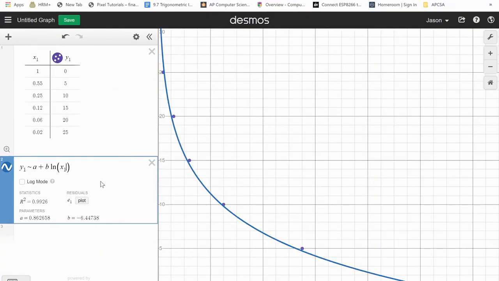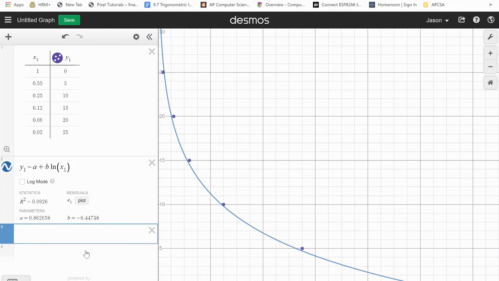So I get r squared is 0.99. Remember, that's the correlation coefficient. That means it's a very good model. And my parameters are 0.862658 and negative 6.44738. So make sure that when available, you follow all of the rounding rules.